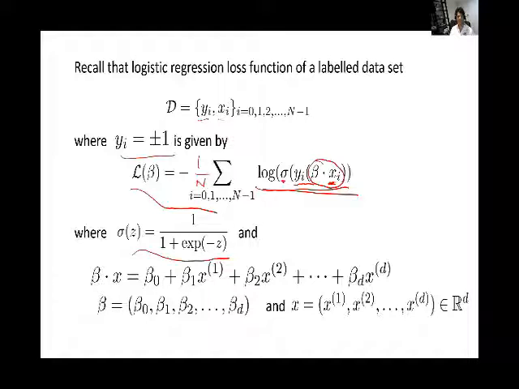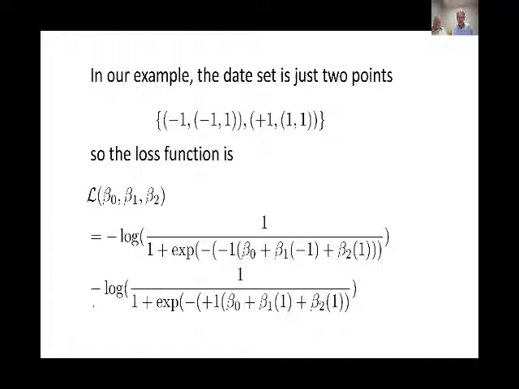And the way we did it was we wanted to minimize this loss function. We want to find the beta that minimizes it. That's where we used gradient descent to do that.